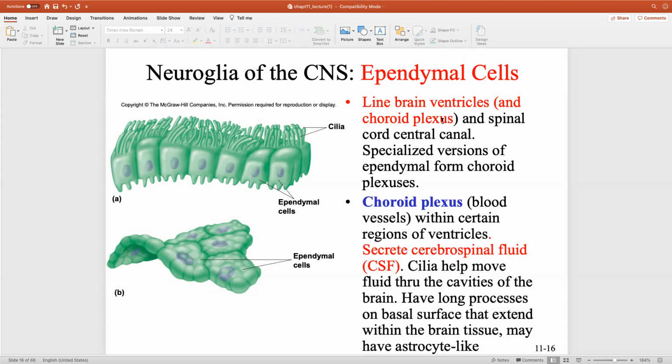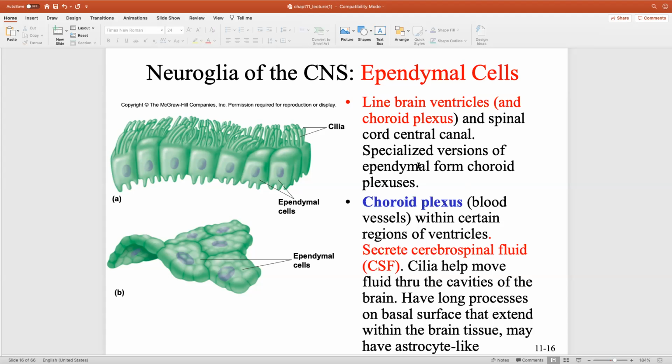As it drains out of the internal structure of the brain, the CSF will then bathe the external component of the brain, allowing the brain to float on the cerebrospinal fluid. So these epidermal cells are important because they filter blood going through the choroid plexus to produce cerebrospinal fluid.